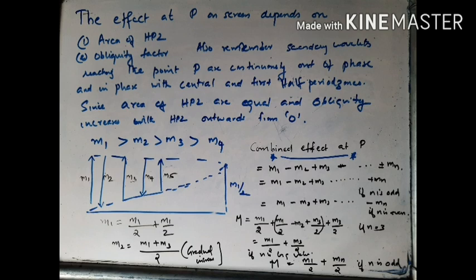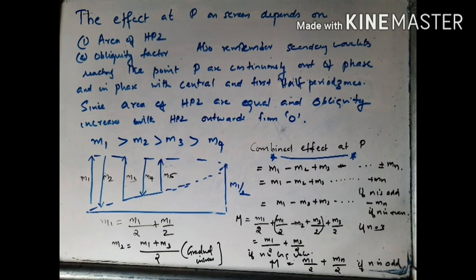Since the areas of half period zones are equal and obliquity increases with the half period zone outward from O, we can write M1, M2, M3, M4 for the effect at P due to the first, second, third and fourth half period zones.